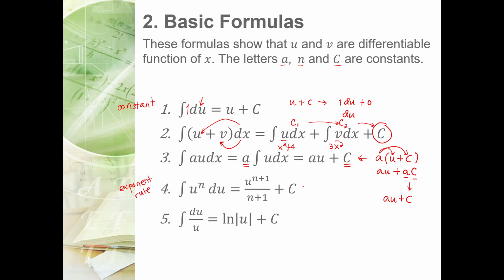In your derivatives, we took one off the exponent, so since we are reversing the process, what will happen here is we're going to add 1 to the exponent, right? And since we brought down the exponent, it became a coefficient in your expression. So to eliminate that, we divide by n plus 1.